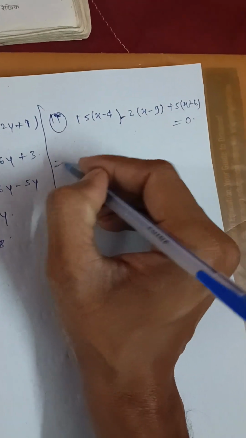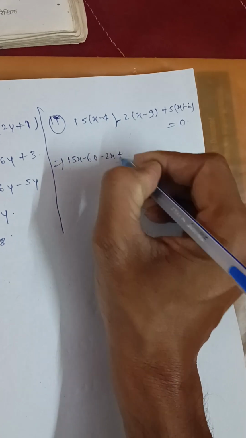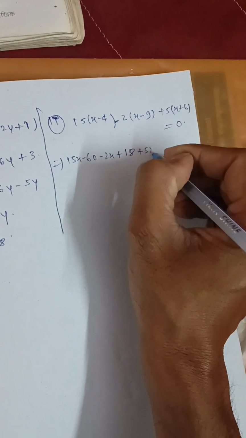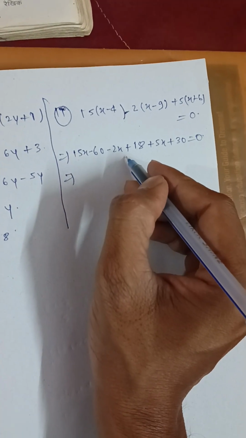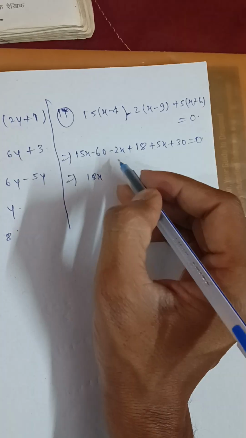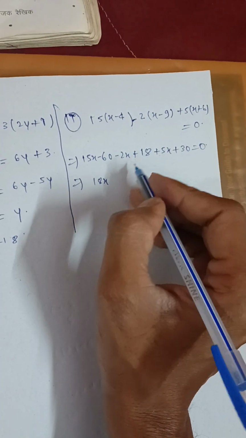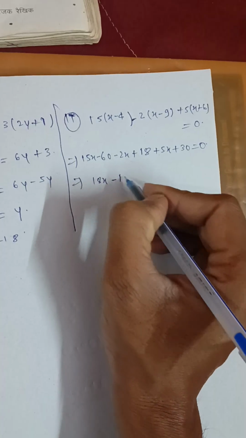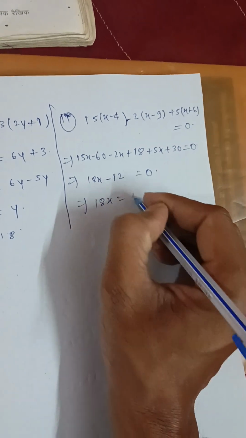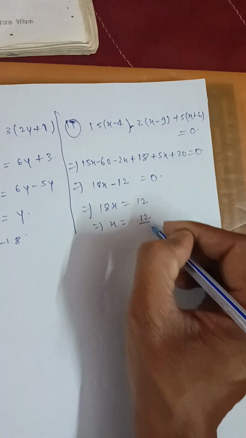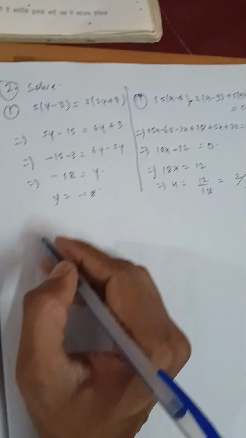So 15x minus 60 minus 2x plus 18 plus 5x plus 30 equals 0, and 15x minus 2x plus 5x equals 18x, and minus 60 plus 30 plus 18 equals minus 12, so 18x minus 12 equals 0, and 18x equals 12, and x equals 12 by 18 equals 2 by 3.